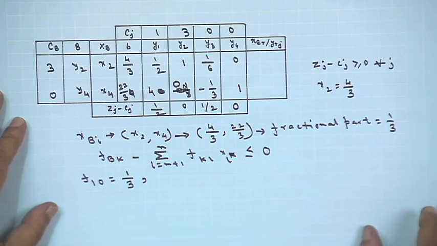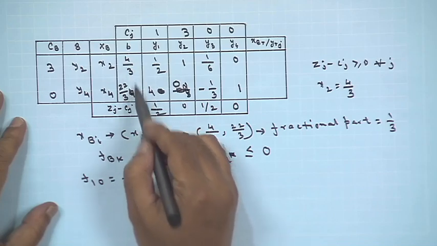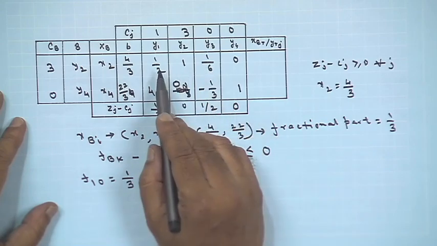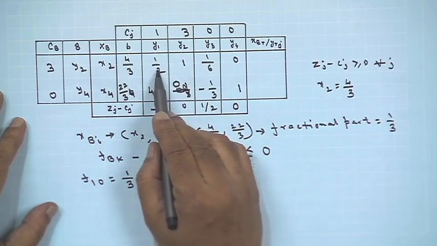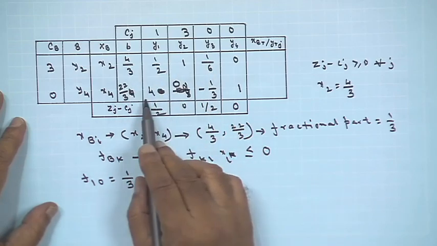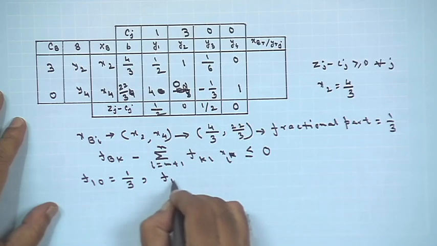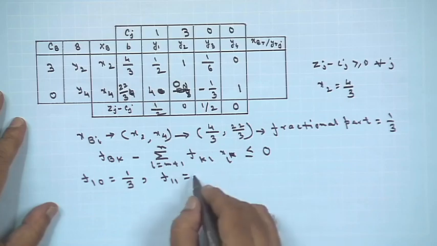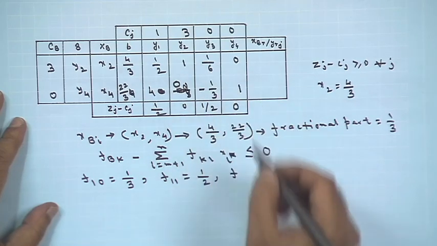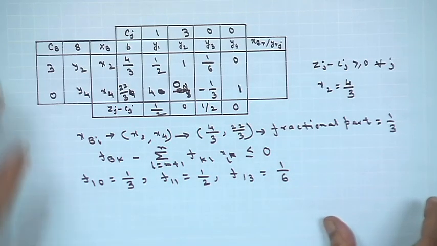In both cases it is 1/3, so any one I can take. I am considering the first row. Then how many more fractional parts are there? Here you have 2 more fractional parts corresponding to this. This we have not considered because this is negative. So, your f11 will be equal to half, and f13 is equal to 1 by 6.